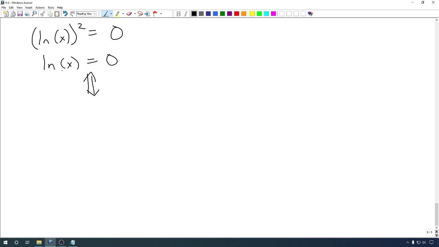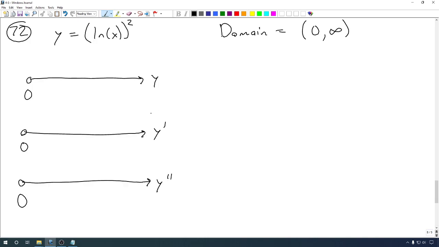The inside here is now our outside. Our outside is now our inside of e to the whatever. e to the 0, well, anything to the 0th power, assuming we're not dealing with 0 down here. 0 to the 0th is a whole other matter. But any non-zero number to the 0th power is equal to 1. So we do have 1 on our number line.